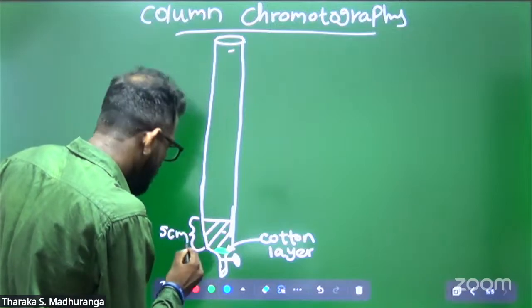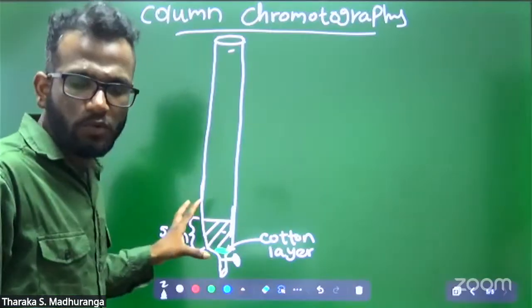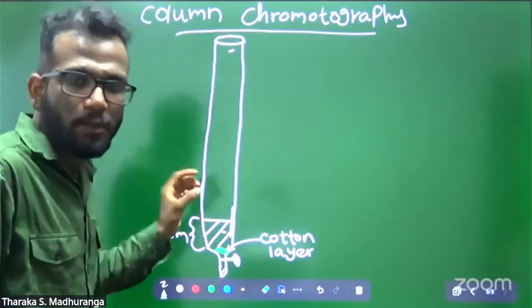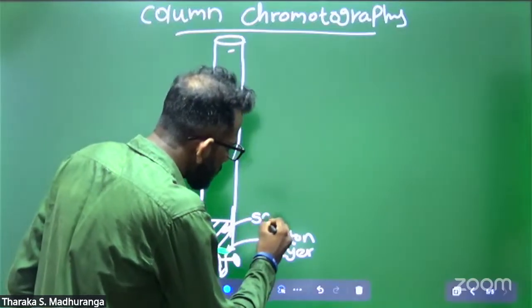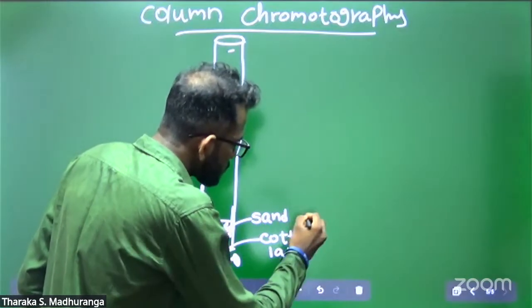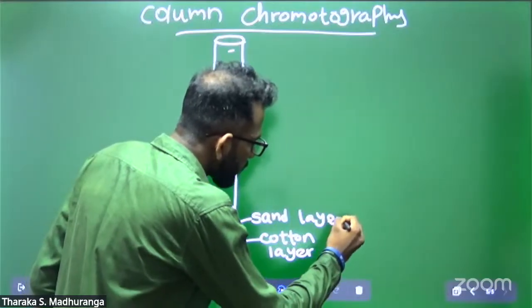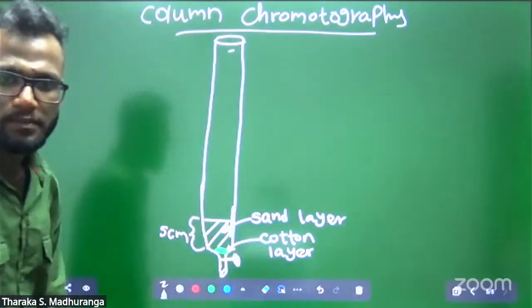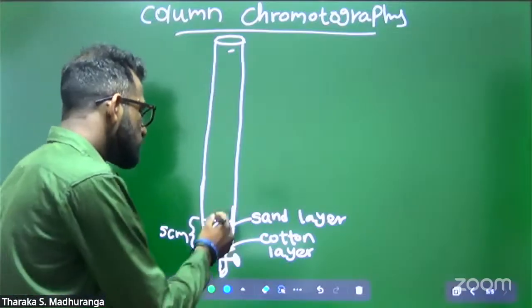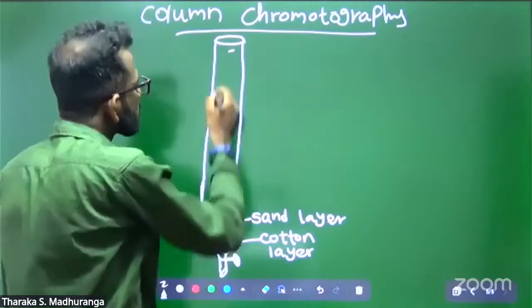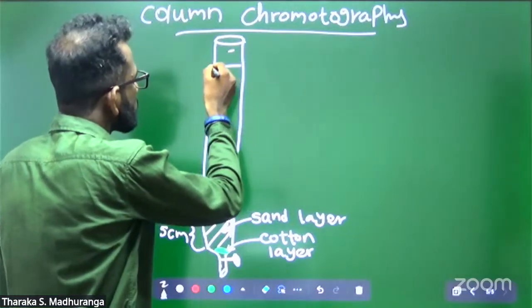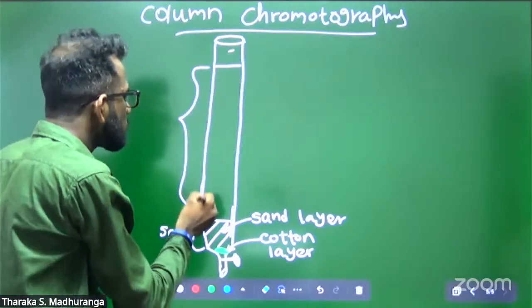It can be changed; there is no rule of 5 centimeter. Somehow you need to add a sand layer, approximately 5 centimeter. After that, up to approximately 80 centimeter.